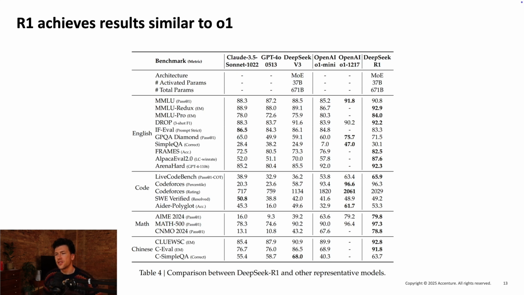Looking at the results across different benchmarks, you can see that DeepSeek R1 performs pretty competitively to O1, which is surprising given that O1 is a closed model and R1 is open source, or at least open weights.